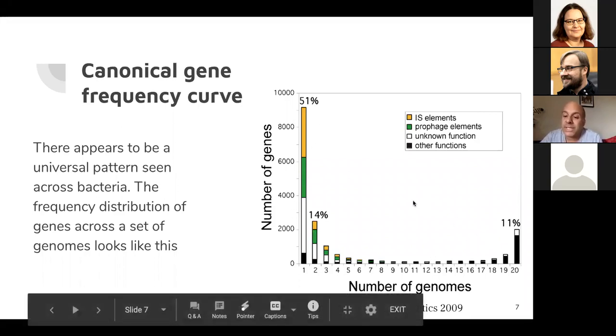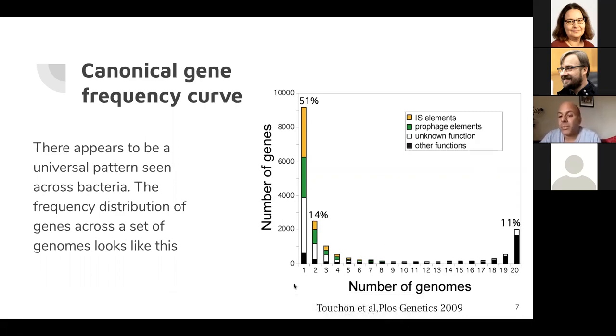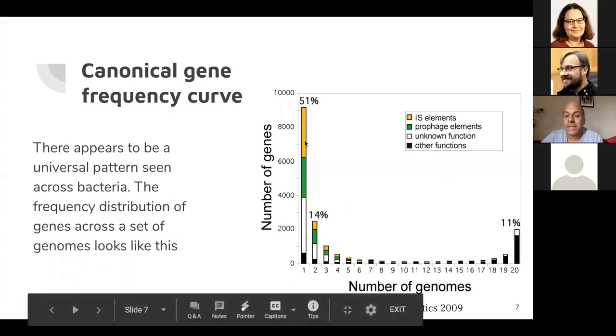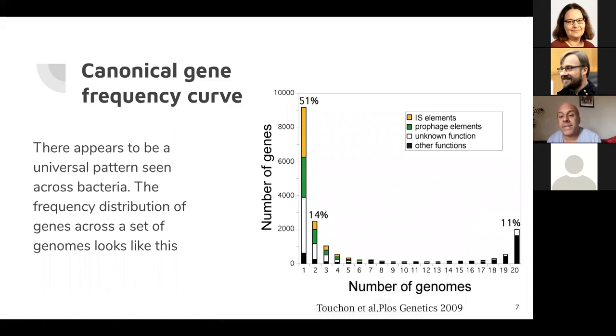Marie Touchon has taken all the genes within just 20 E. coli genomes and then plotted the frequency of them. In other words, this peak on the left is the genes that are only seen in one genome, these in two, these in three, and only 11% of the genes are actually seen in all of the genomes. An immediate consequence of this is it's very hard to choose one genome which is going to allow you to access all of that.